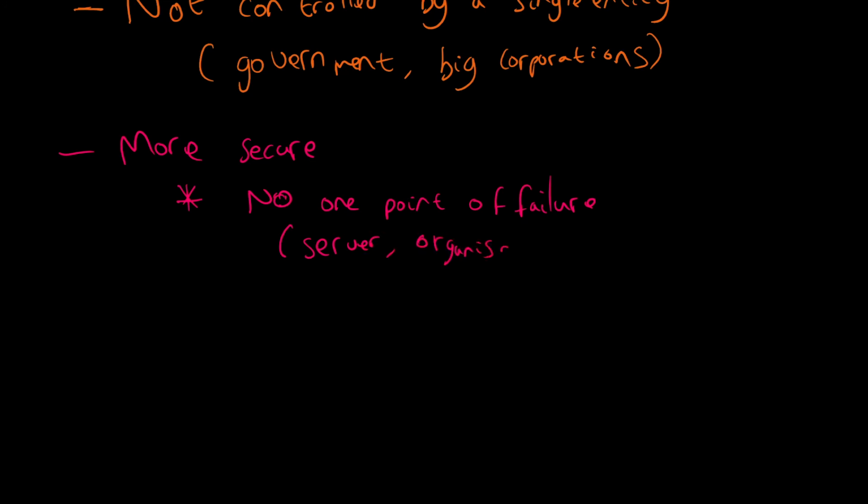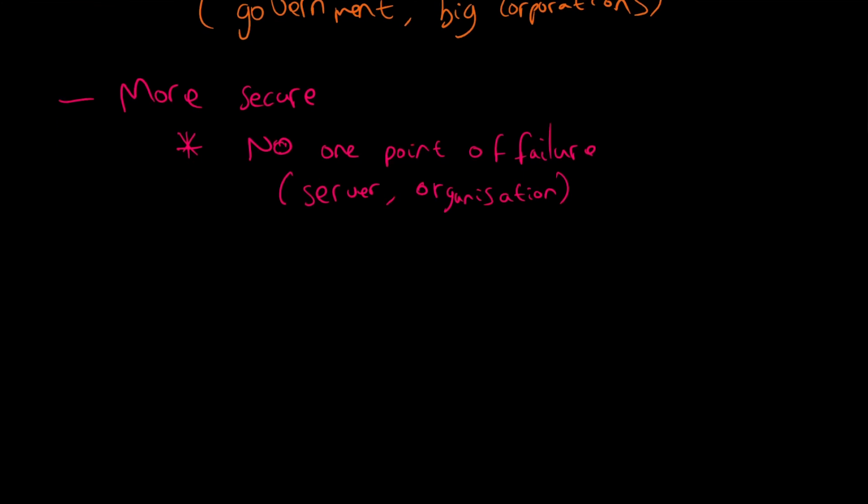So maybe the organization goes down and the actual platform built upon this organization ultimately goes down as well. Whereas if it's secured and backed by several organizations, one of them going down will have little, potentially even no impact on the running of it. So there's no single point of failure. It's not controlled by a single entity and it's more secure.